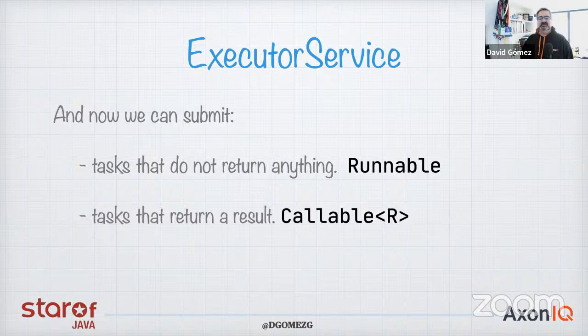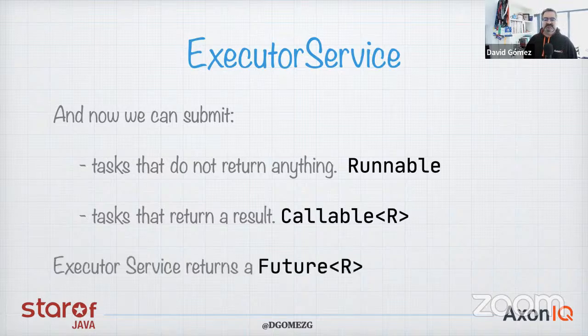A callable is an interface that only has a method, but the difference with the runnable interface is that the callable is going to return something. The runnable is just a run method that simply executes something and does not return anything. But with callables, we are now allowed to submit tasks that are going to return some type of result.